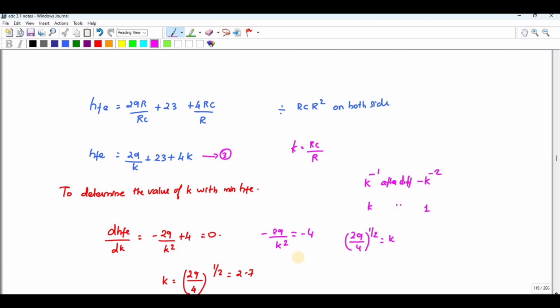So from this 29 by 4 the whole square is equal to k, right?